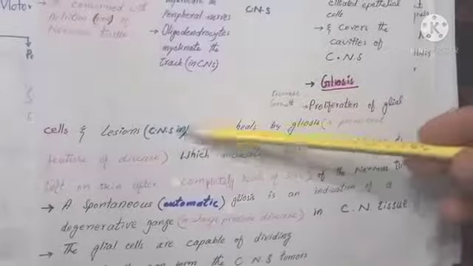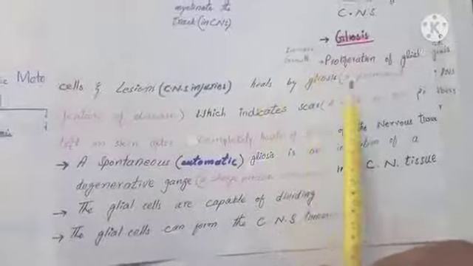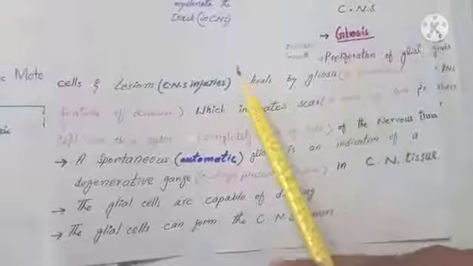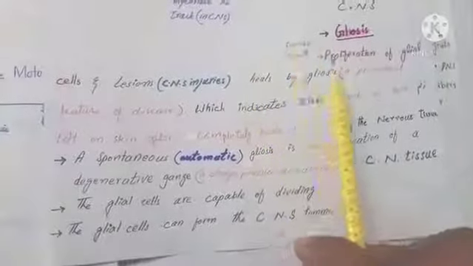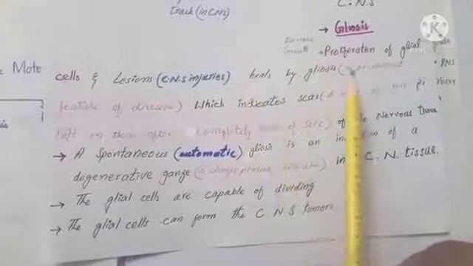Glial cells heal the scars and also increase growth. Proliferation of glial cells means an increase in the growth of glial cells; gliosis heals the injuries of the CNS. Scars mean marks or spots which remain after you get hurt, and black marks remain there.